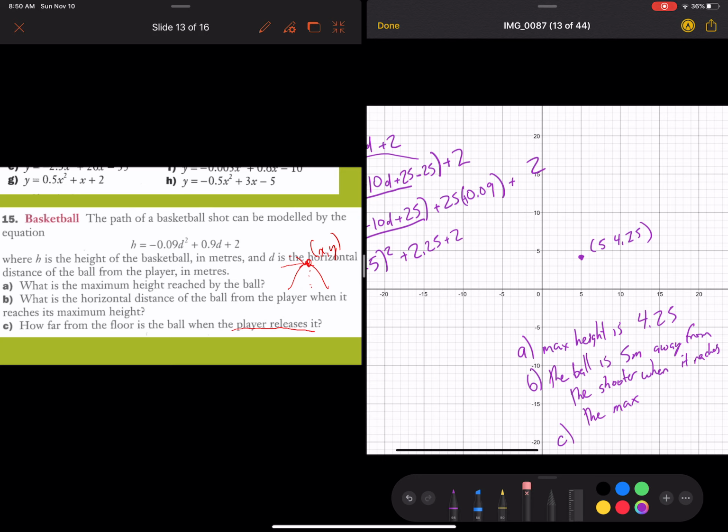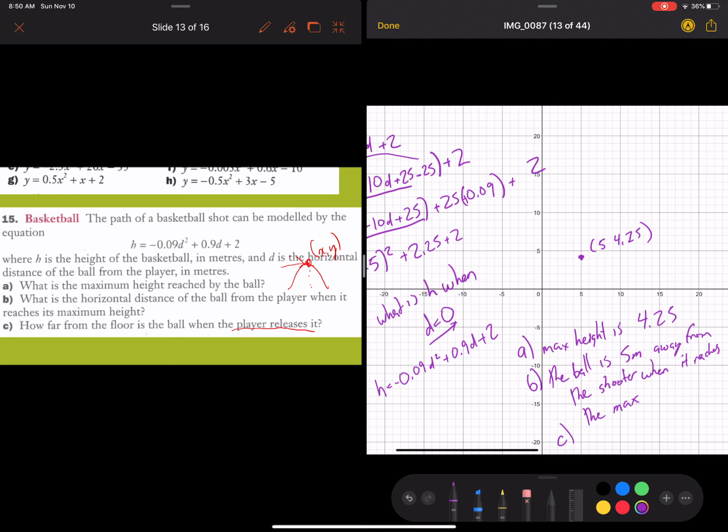Basically, the answer is, what is h when d equals 0? Distance from my player is 0, so it's still at my player. So let's substitute it. In fact, we can use the original equation, h equals negative 0.09 d squared plus 0.9 d plus 2.